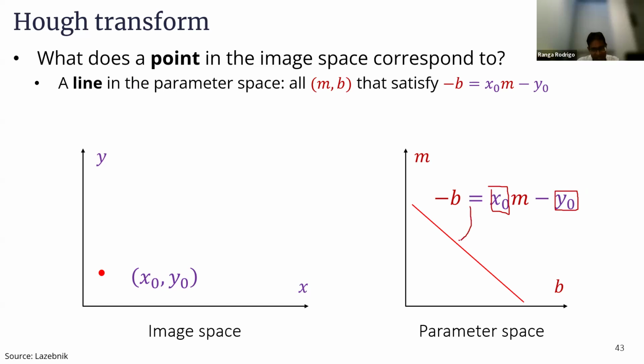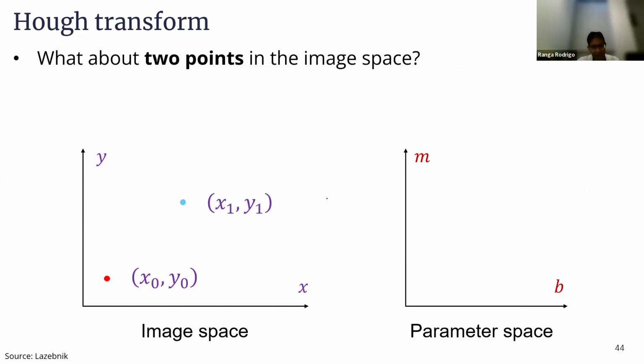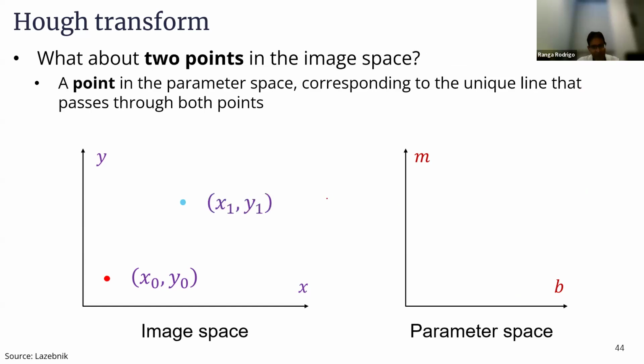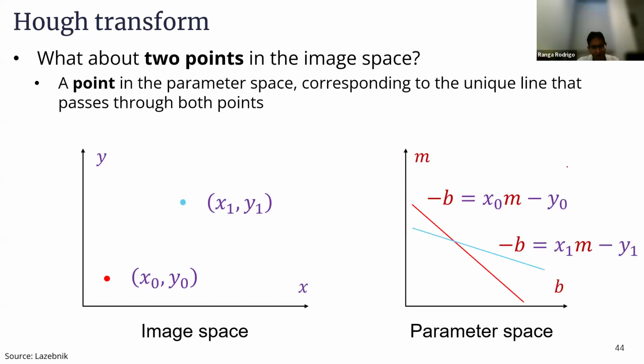You can see the line has been drawn. I hope that is clear. Take another point, x1, y1. That will correspond to another line, where these two are fixed and m and b are the variables.